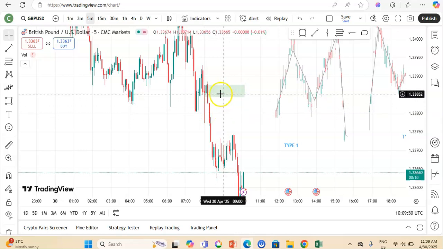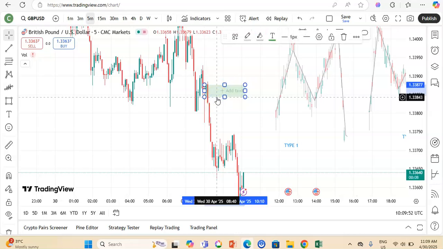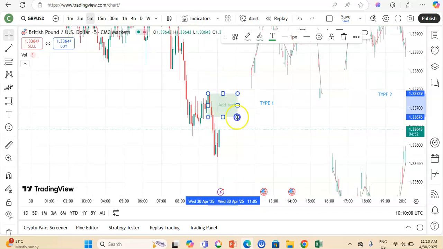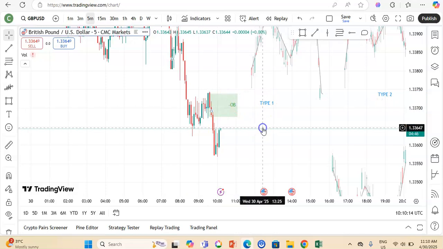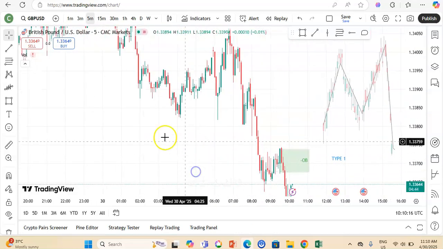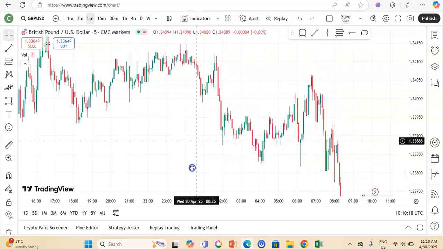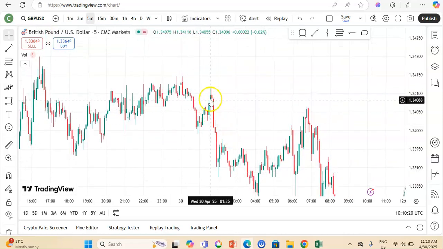Now, if it is one, fine, but sometimes it can be many. Take for example here. This one here is an order block. This one is called a bearish order block. Now let me give you another example. Look at this one.